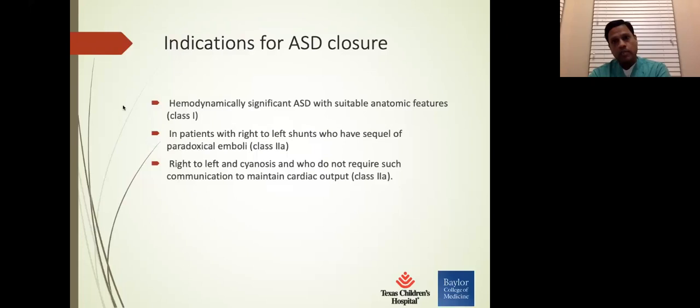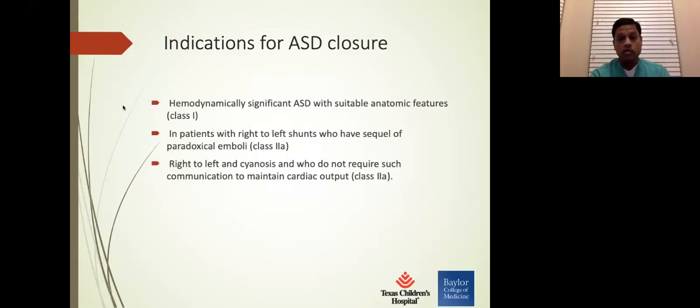There is also a class 1 indication, which means there is a consensus agreement, that ASD closure should be done in patients who have right-to-left shunt and cyanosis and who do not require such shunts to maintain cardiac output. Some examples would be patients who have Ebstein anomaly and a PFO which is causing cyanosis. If you close the PFO in the cath lab and do not find any decrease in cardiac output, that would be a reason to close it.